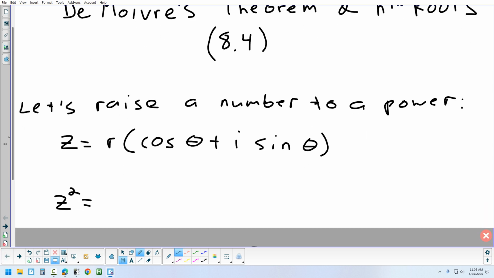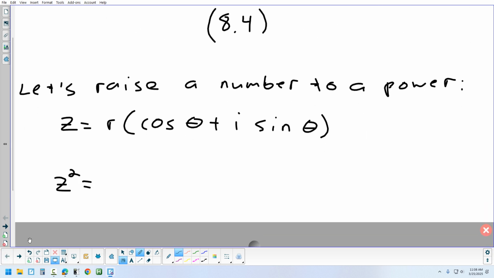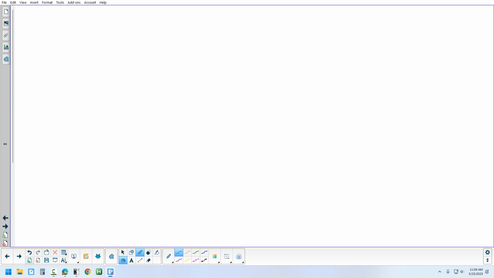Okay, what I want to do is raise that to the second power. And the goal is to see if we can notice a pattern so that if we have to raise it to the third power or the 10th power or the 200th power, we can follow a pattern rather than having to do it out.